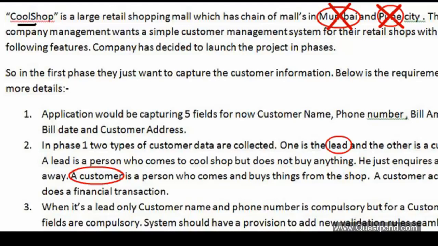Maybe there is some data which I will store in my database, like a city master or something, but they really don't have an impact as such on my code. But you can see customer and lead are definitely nouns which I would be dealing with in my project, right? So from here, I'm dropping off 2-3 nouns like Mumbai, Pune, Cool Shop. But yes, these 2 nouns, that is customer and lead, are definitely very important for me.